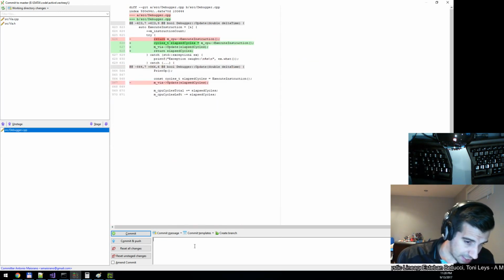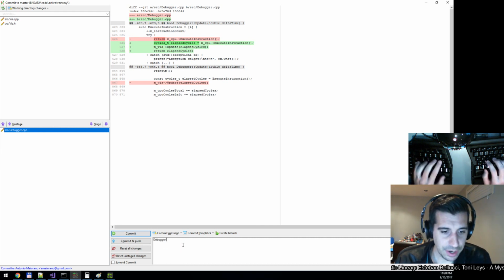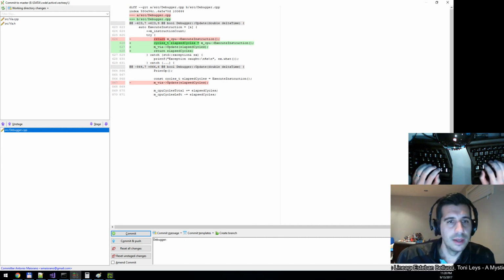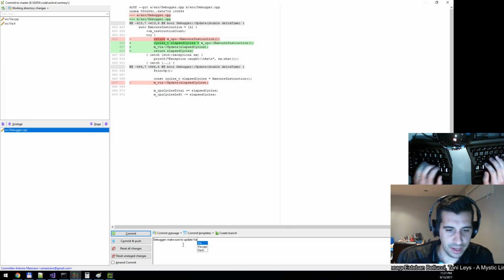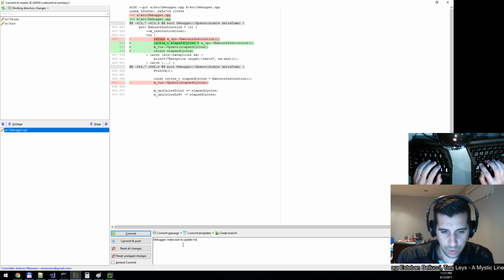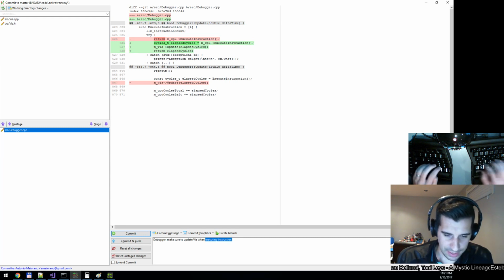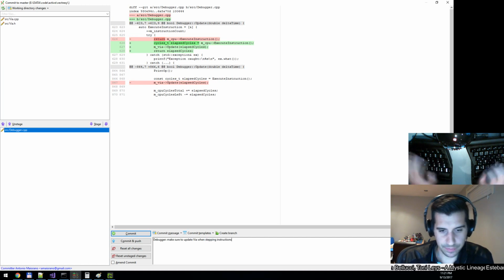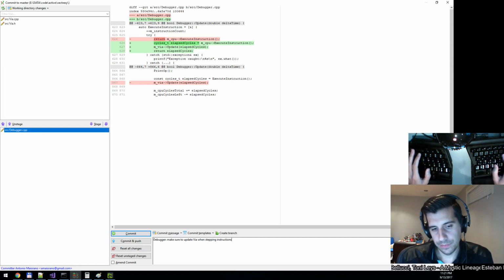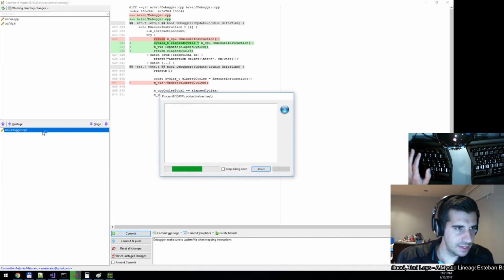So this is debugger: make sure to update via when executing instruction. Sorry, when stepping instructions. So that's what that fixes.